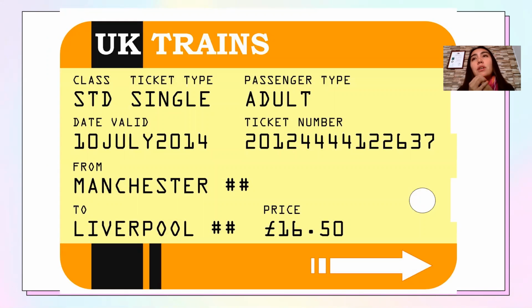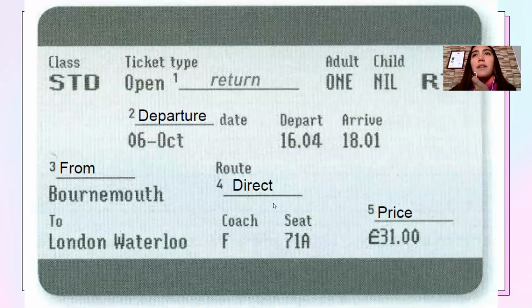Also, in this one, we have kind of the same information, but here we have ticket type. And the ticket type in this case is single. What does single mean? We're going to check that in a minute. Also, we have the price, right? And here we have another example.